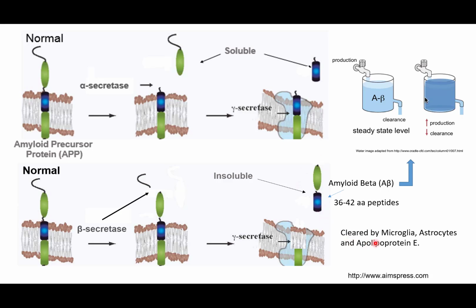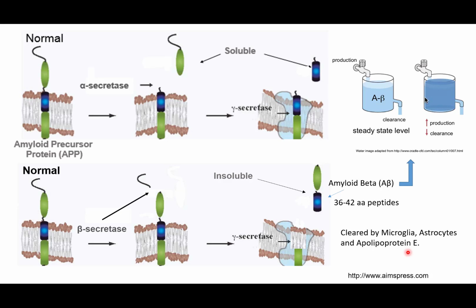This here is cleared by microglia and astrocytes in your brain. What are they? Microglia and astrocytes are the immune cells in your brain. They do a bunch of things, and one of them is to get rid of this insoluble amyloid beta peptide. And it does so with the help of apolipoprotein E. Apolipoprotein E is a molecule composed of lipids and protein.